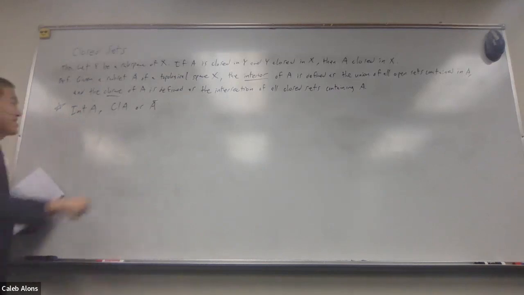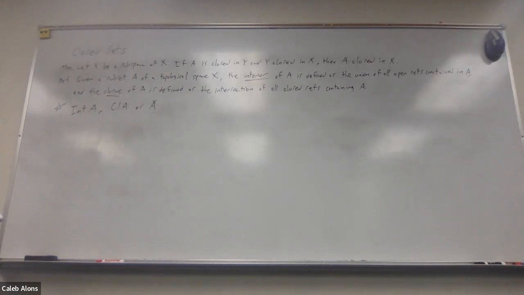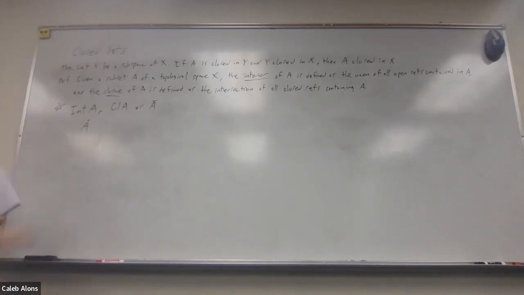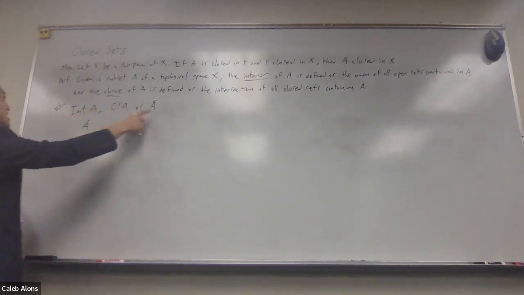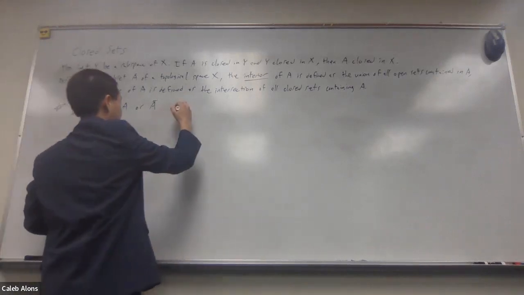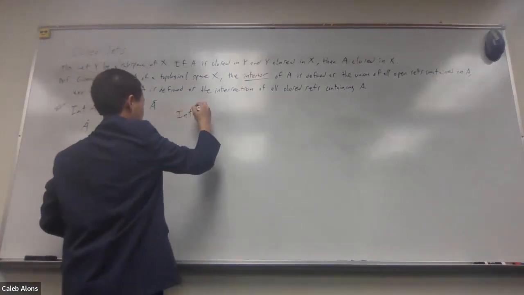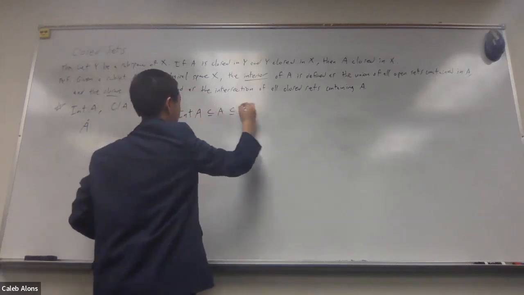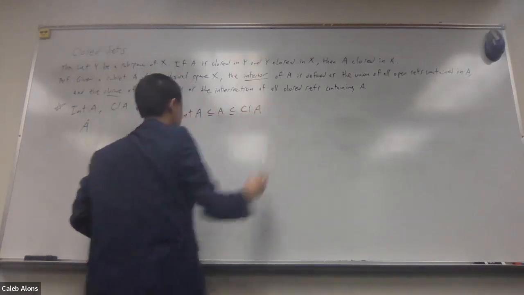What I've seen is an A with a circle above it. That's the interior. Okay, I've seen that before. So this is the interior and that's the closure of it. And just for the sake of having it out, the interior is a subset of A, and then that's your closure.